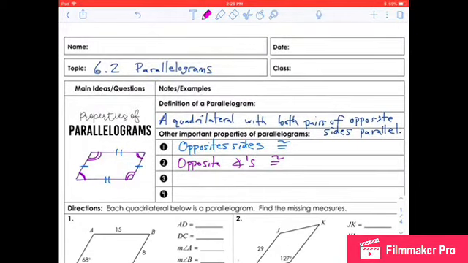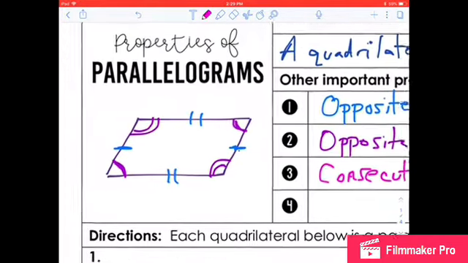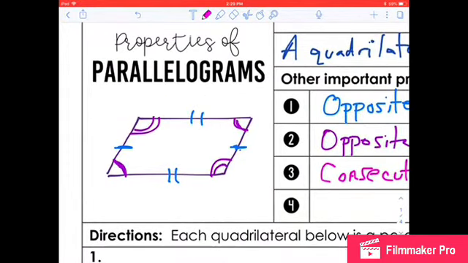Property number 3 says consecutive angles. So this is a term we've got to think about, but consecutive angles are supplementary. Remember, consecutive angles are the ones next to each other. So angle 1 and angle 2 are consecutive, so angle 1 plus angle 2 equals 180.